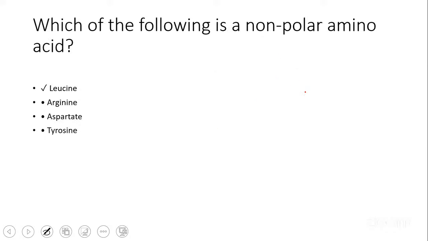Which of the following is a non-polar amino acid? In our last lecture, we dealt more with the characteristics of amino acids, how they are classified into polar, non-polar, acidic, basic, the rest.